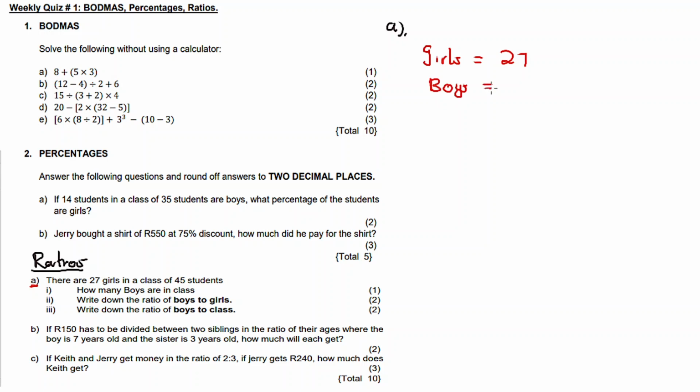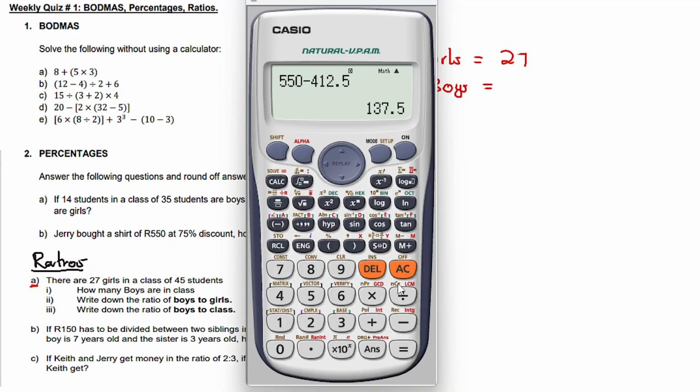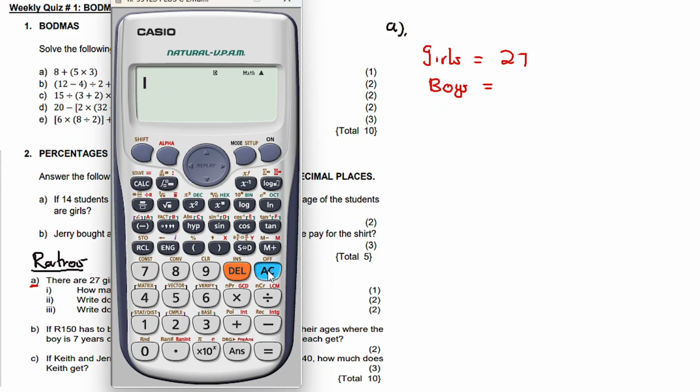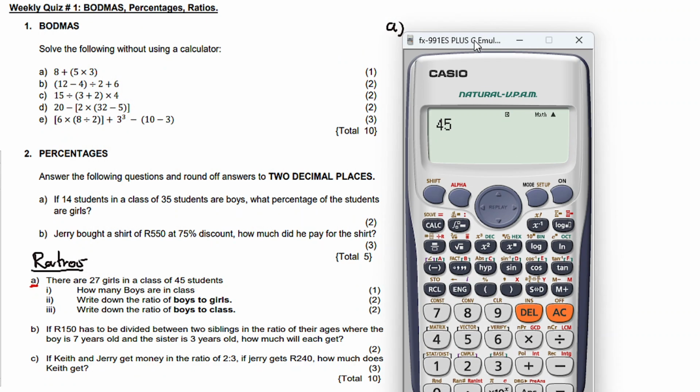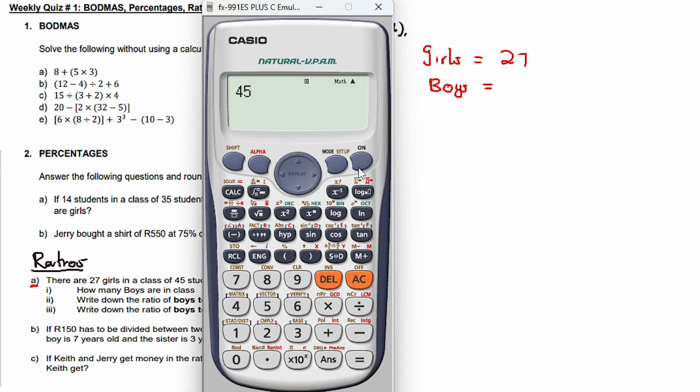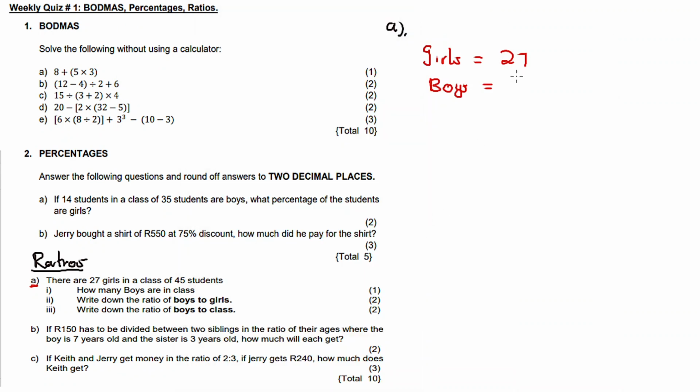There's two genders, right? I'm not discriminating anyone. There's two genders that I know of. 45 minus 27, the answer is 18. So there's 18 boys and 27 girls. Adding the two should amount to what? To 45, right?